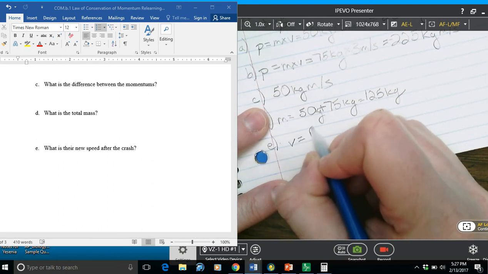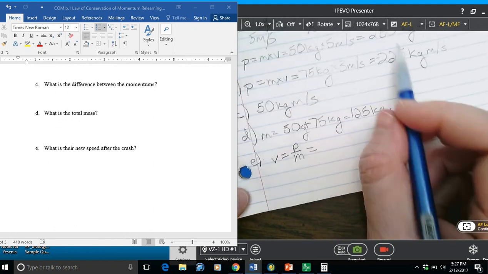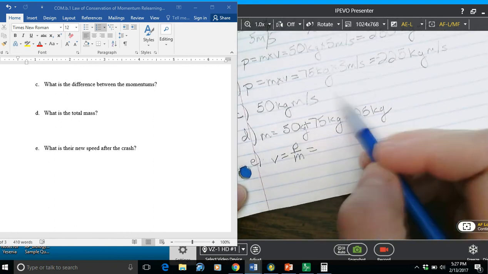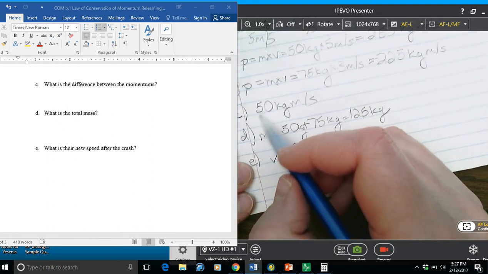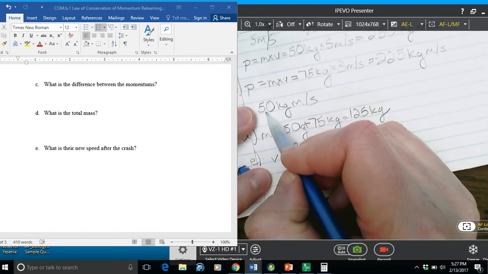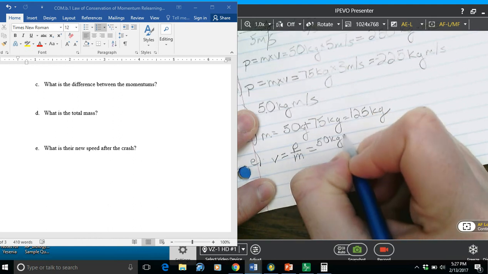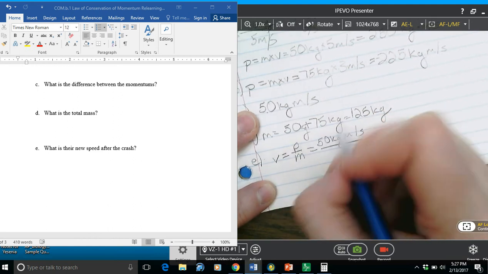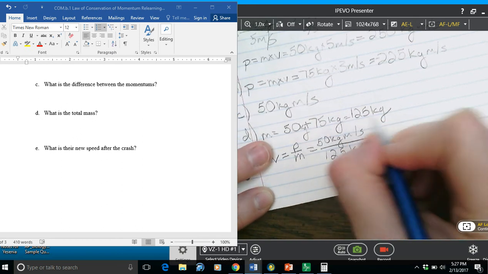The big thing here, and the most common issue I saw on the test, was you tried to subtract speed. Can't do that. You've got to calculate it. So you've got to use the difference in the momentum, 50 kilogram meters per second divided by 125 kilograms, which is their total mass.